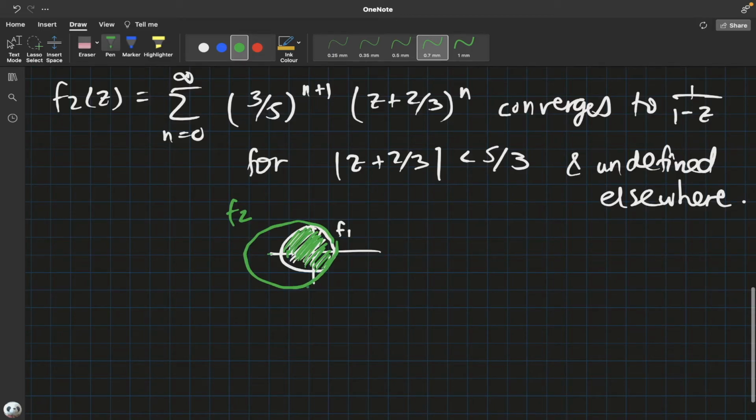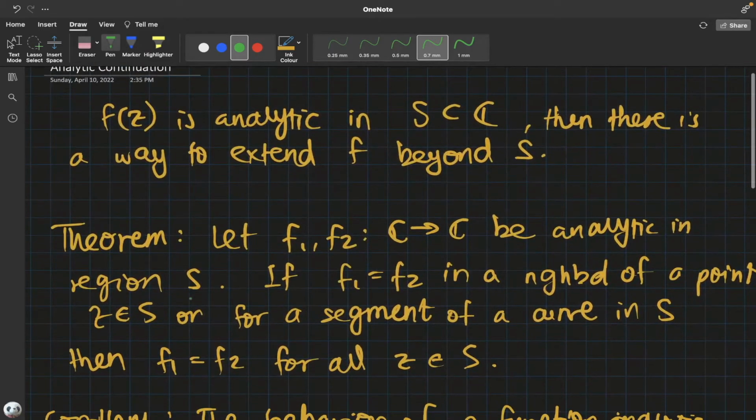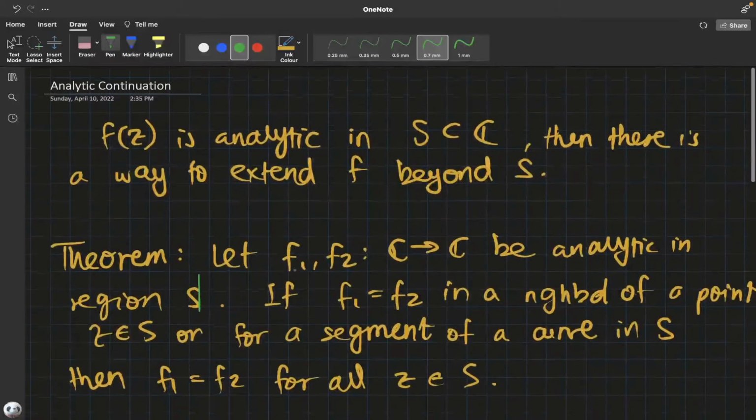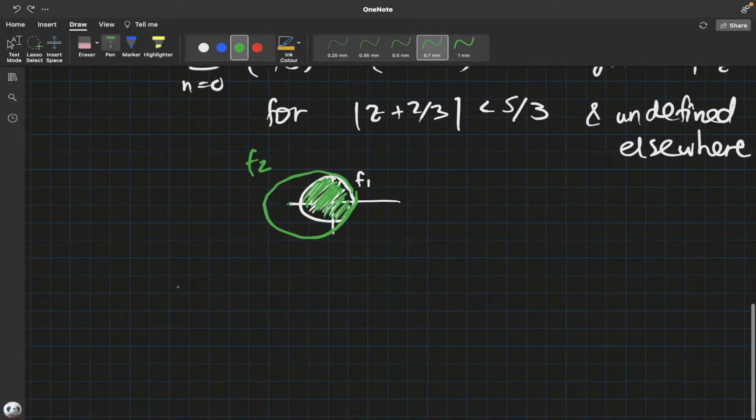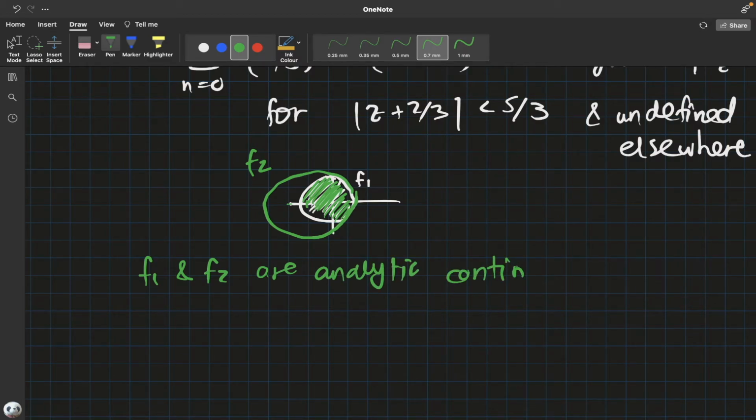So by the theorem we had before for analytic continuation, we can say that f1 and f2 are analytic continuations of each other. The way I see it is f1 is only restricted to this white disk.